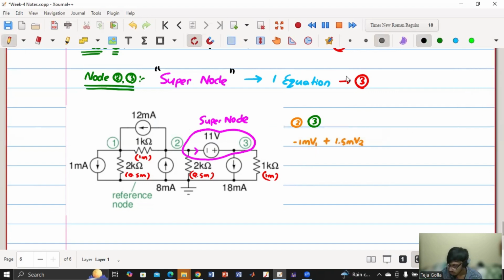Now comes the third node, which is 3. What is A13 and what is A33? A23 we don't need because 2 and 3 are considered a single super node. What is A13? It's 0. So we have 0 V1. And what is A33?